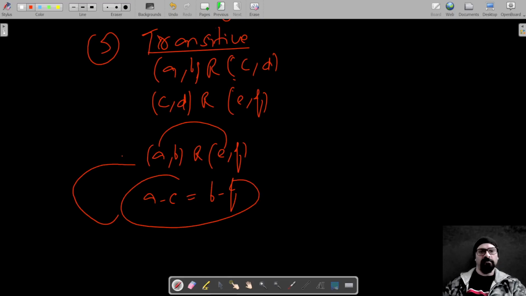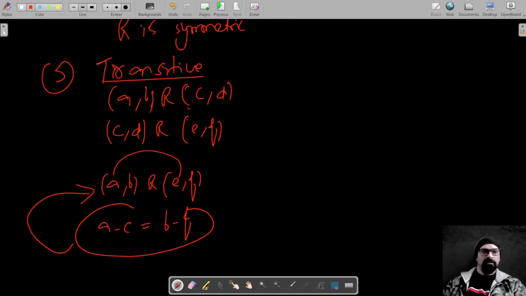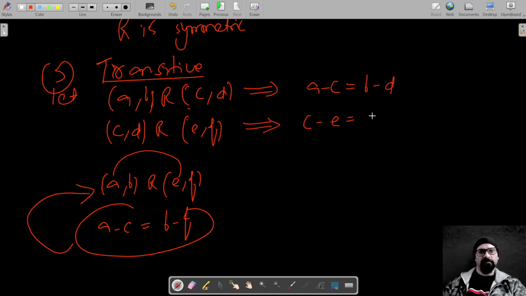If we are able to show that, that means they are in relation. Let's consider that these two are in relation. So this implies that a minus c is equal to b minus d. And the other relation gives c minus e is equal to d minus f.